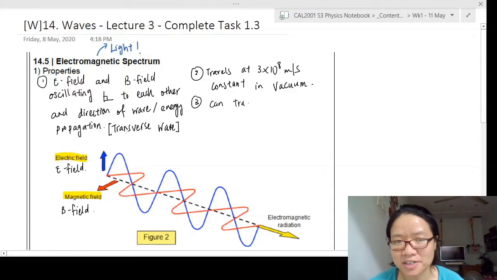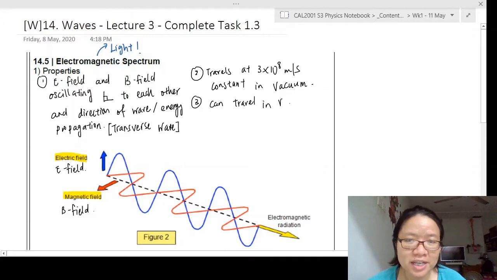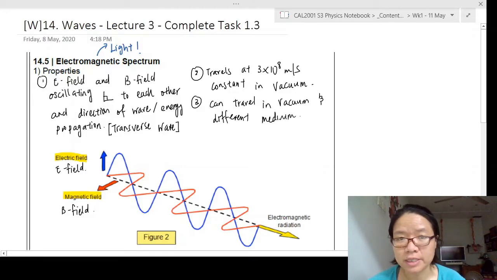Okay, and it's a constant in vacuum. We also know that it can travel not just in vacuum, but also in other mediums, and light tends to slow down in other mediums. If you remember this thing called refraction from your AGs or from your SPM, whoever you are watching this video.